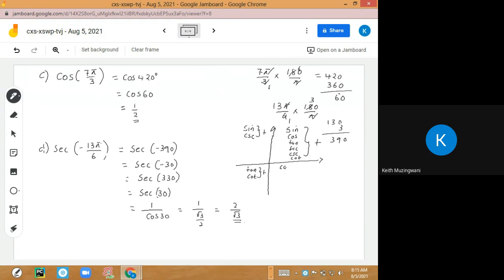Here, only cos and sec are positive. So each trig ratio is positive in only 2 quadrants and negative in the remaining two. Very, very important.